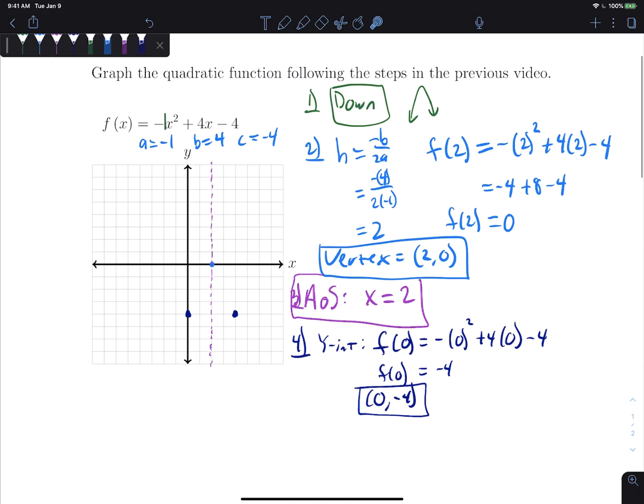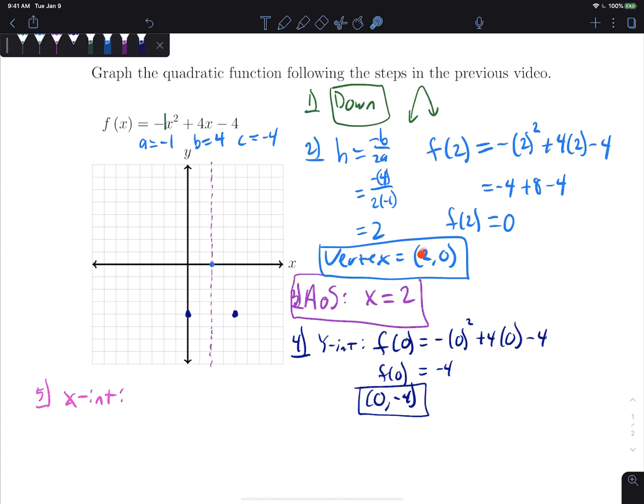Excellent. Now, the next thing we want to do is find the x-intercepts. But in this case, there's actually only going to be a single x-intercept, and here's why. Look at the vertex. Notice that the vertex has a y-coordinate of 0.